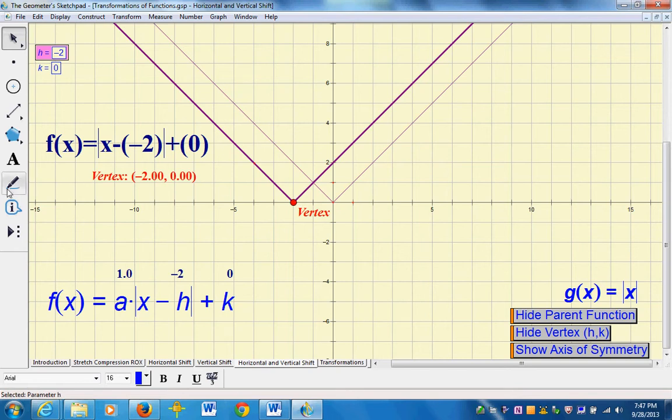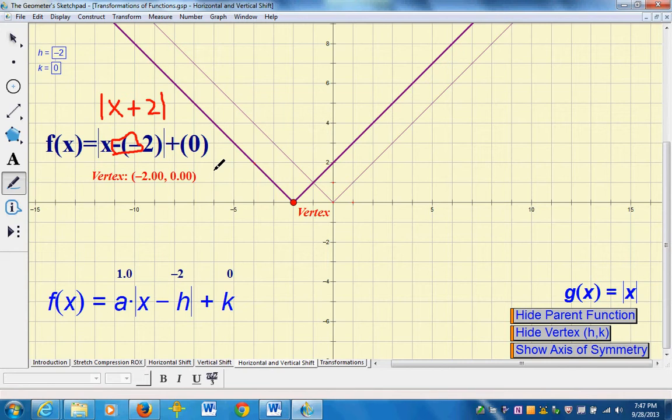And again, notice that this equation here has a minus times a minus right here. So that means I have the absolute value of x plus 2 is how that gets written. x plus 2, and of course plus 0 doesn't add anything to the equation at all.